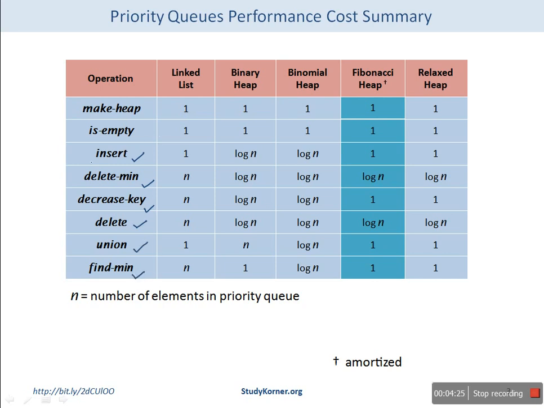These are some of the important operations followed by the binomial heap, and it does these operations in order of log n time, except the make heap and is empty operations.